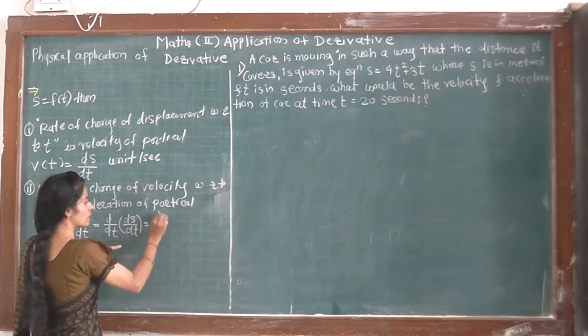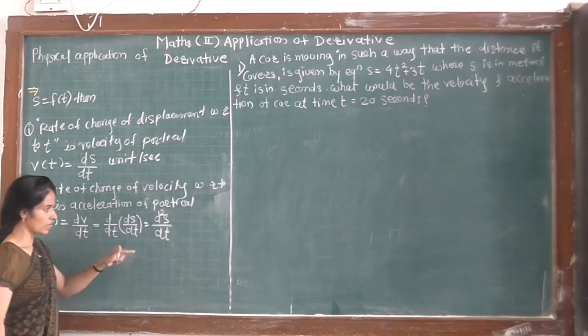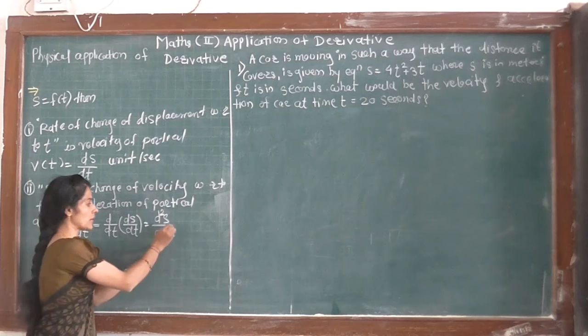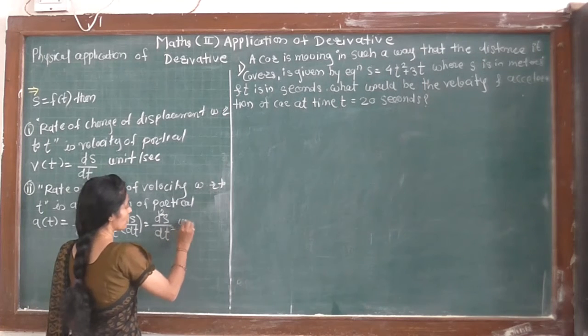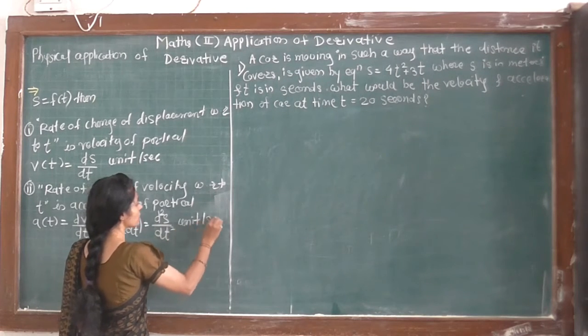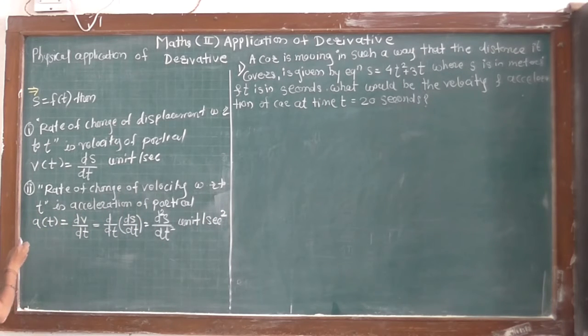So this is the second order derivative of displacement s with respect to time t, and its unit should be unit per second square.